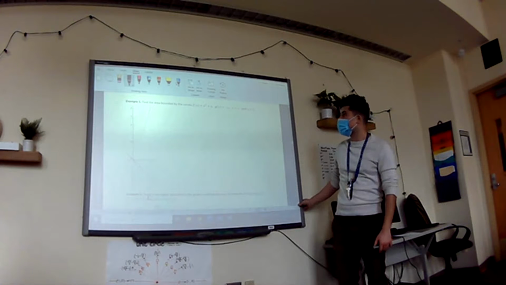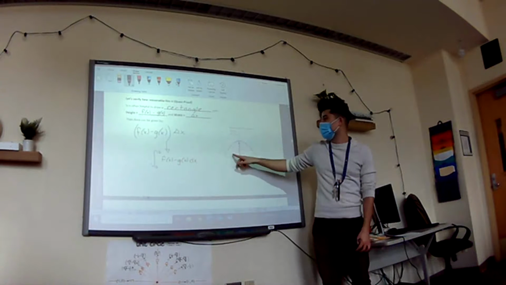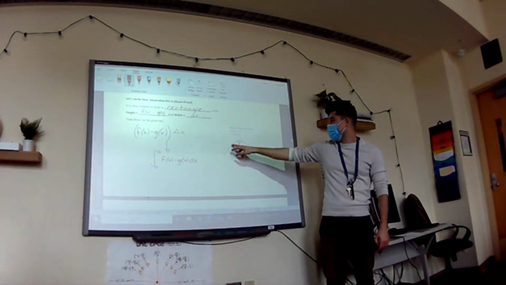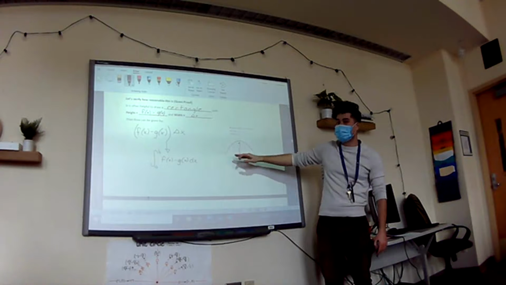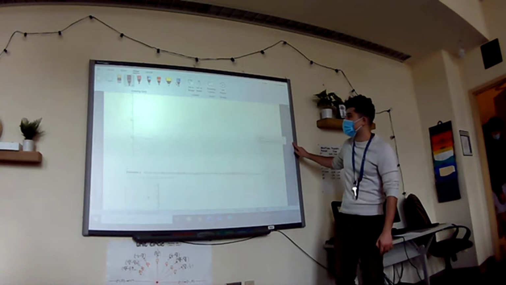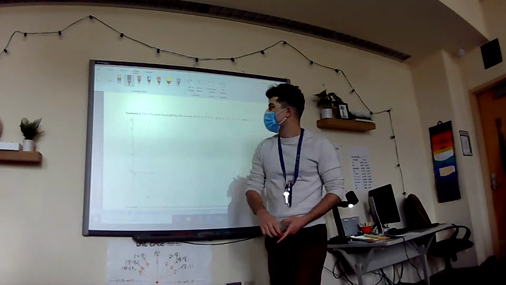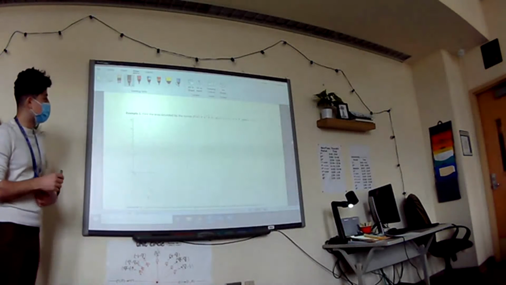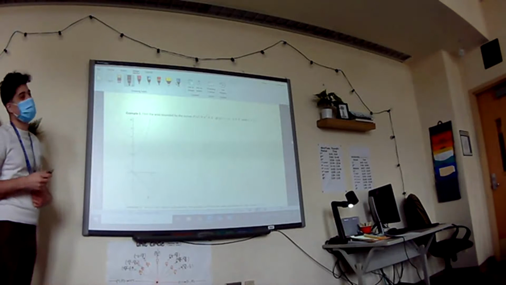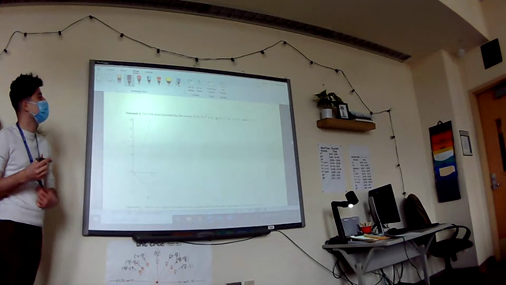This is also a good problem because I think I've convinced you that if both of them are above the x-axis, then sure, you can do the top minus the bottom and that makes sense. But if one of them or both of them are below the x-axis, then it's a good thing to think about: will this still work? Top minus bottom, will that still work? So take maybe 30 seconds to think about it.